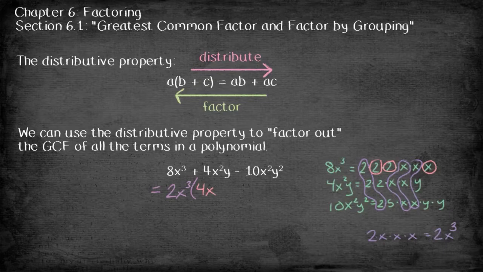For 4x squared y, it's really just the 2 and the y. And for the 10x squared y squared, we have a 5 left over and the 2 factors of y. Then we just put in the signs that we had before. And that's it. That's a factored polynomial.